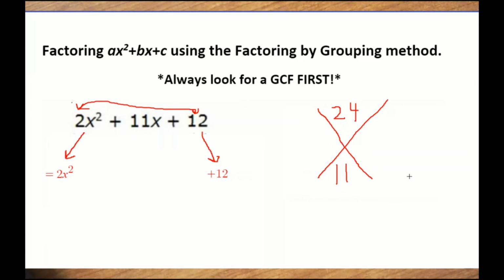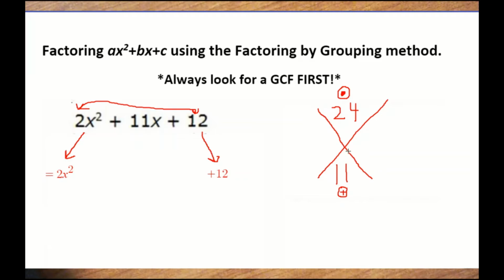Now, the big X game is still the same. We're still trying to find two numbers whose product is 24 and whose sum is 11. It's just that the purpose of the game here has changed. What I mean by that is that we're going to use these two numbers not as our final answer, but as a way to break down 11x so that we can actually do this factoring by grouping.